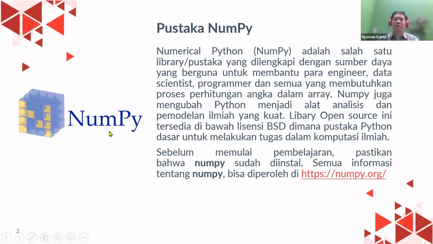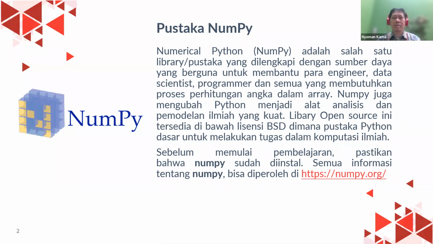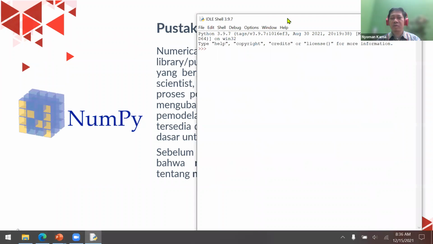Now, NumPy is a specific module that will be very useful if we're going to analyze data. For example, if I'm going to use the basic module of Python, let's say I use a variable called a, and I assign a value, for example, 10, to this variable a.